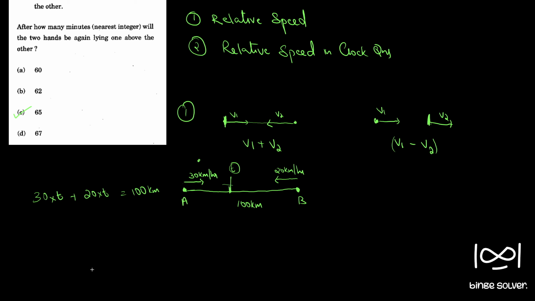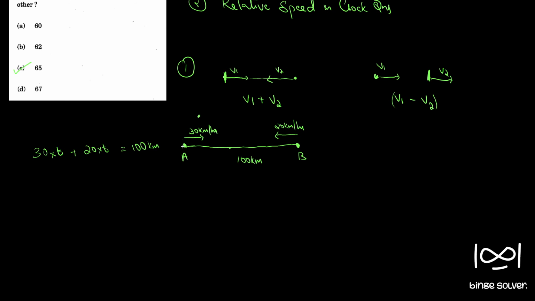Instead, if we use the relative speed concept, we can say A is kept stationary. So A is not changing its position, and B is traveling at a relative speed towards A. Like this, v1 plus v2, we add both the speeds.